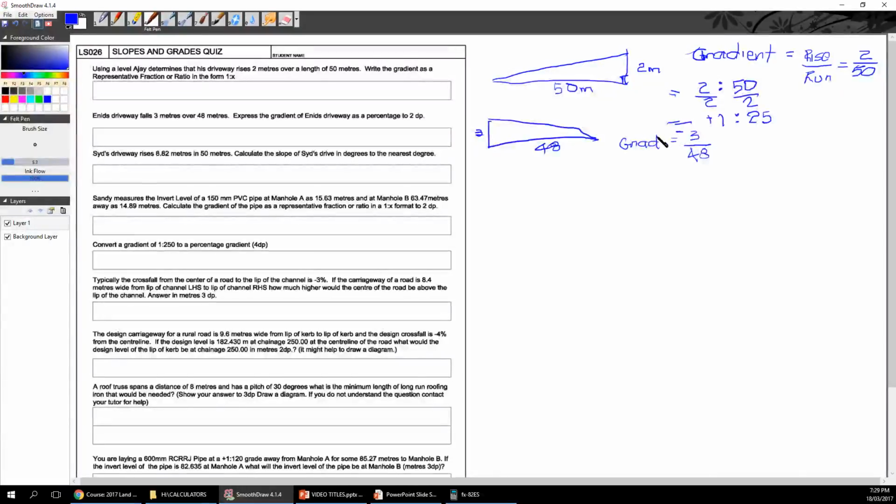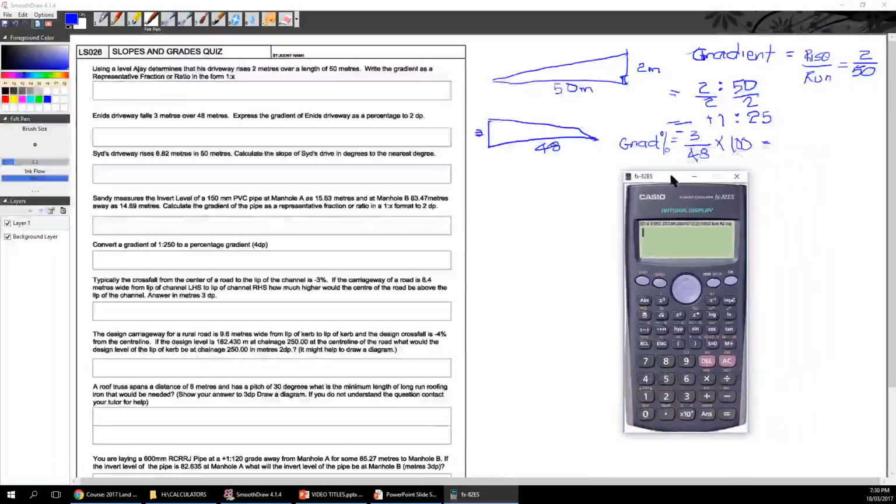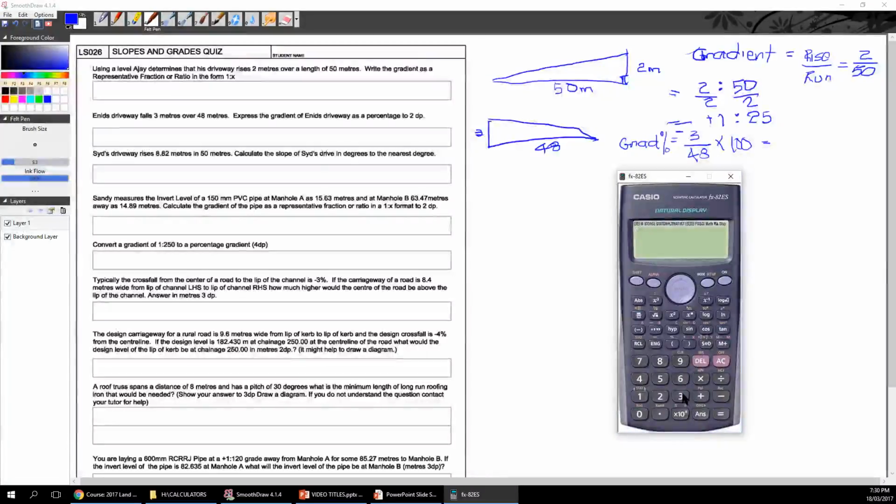And then to make it a percentage, we just multiply it by 100. Then I grab my little calculator, move it into a convenient spot, and we go 3 divided by 48 times 100 equals 25/4.